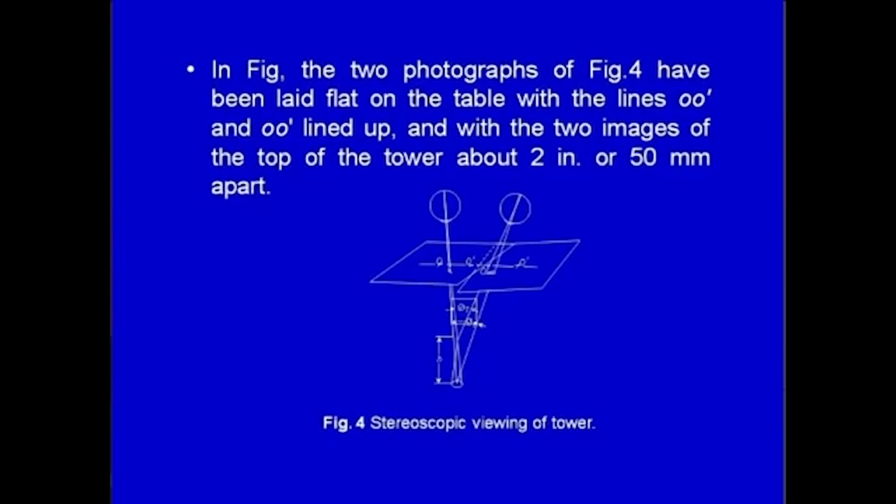So, in this figure, the two photographs have been laid flat on the table with the line O O dash lined up, with the two images of the top of the tower about 2 inches or 50 millimeters apart.